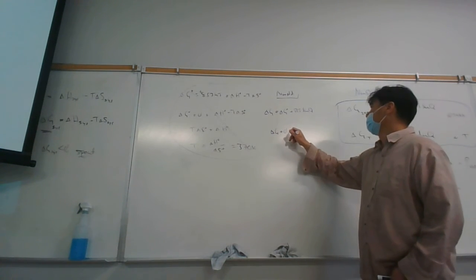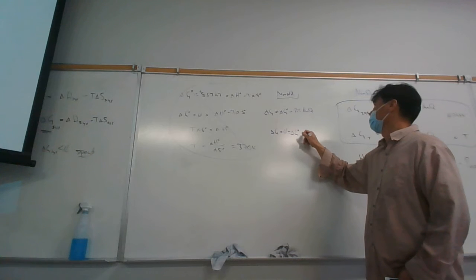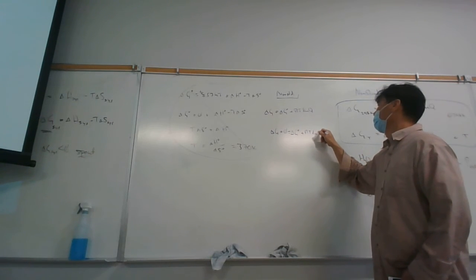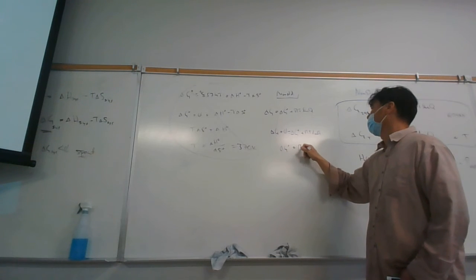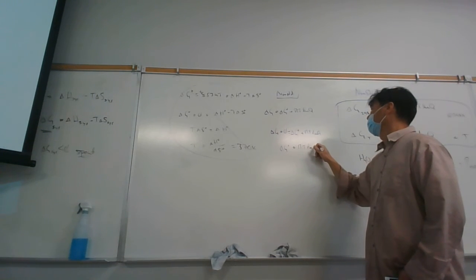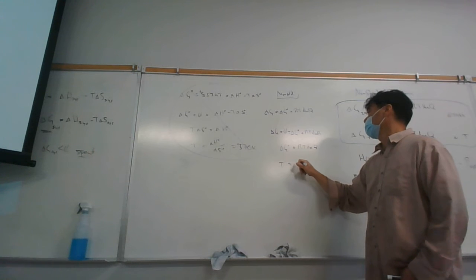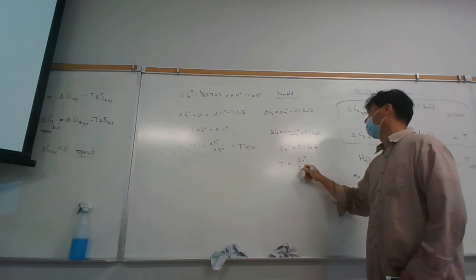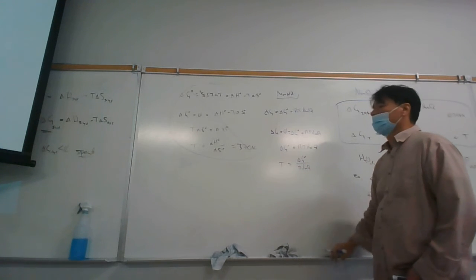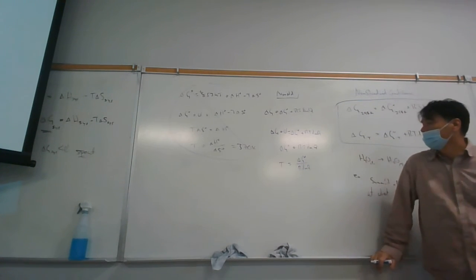This is going to equal delta G naught plus RT ln Q. And delta G naught is equal to negative RT ln Q. And T is equal to delta G naught over R ln Q. We get the temperature.